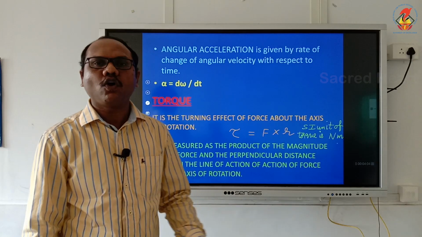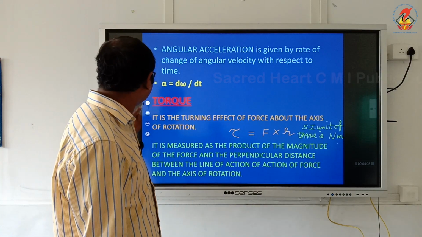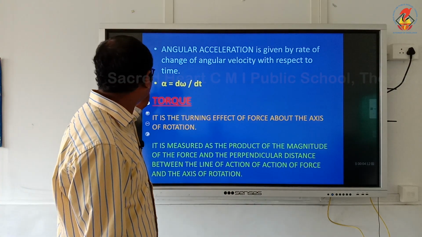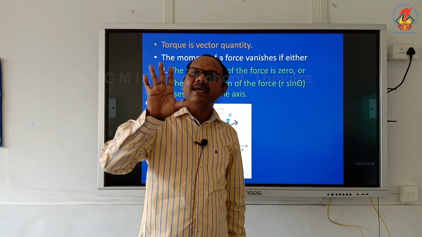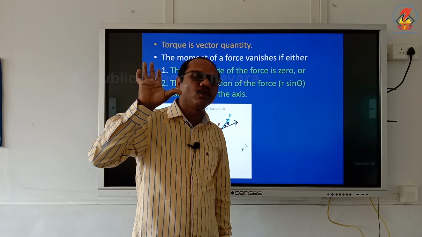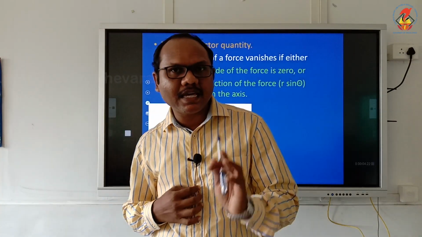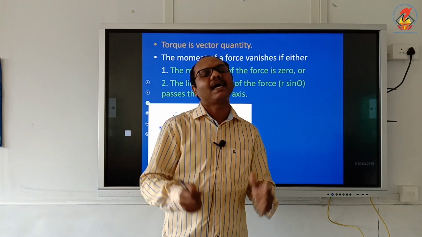Torque is also a vector quantity, and since torque is a vector quantity, we will take the same right hand thumb rule as I discussed in the previous video for the direction.